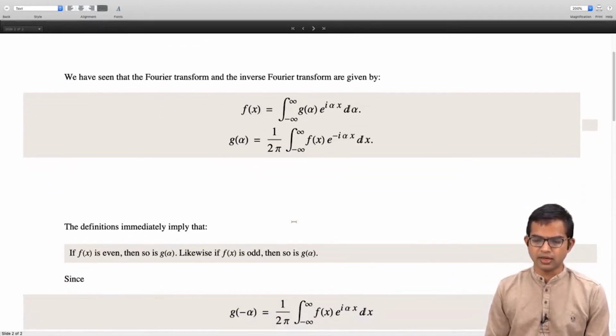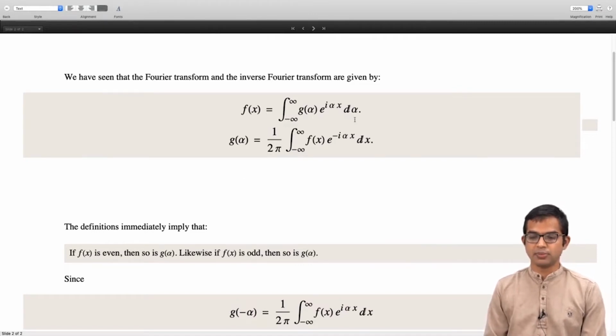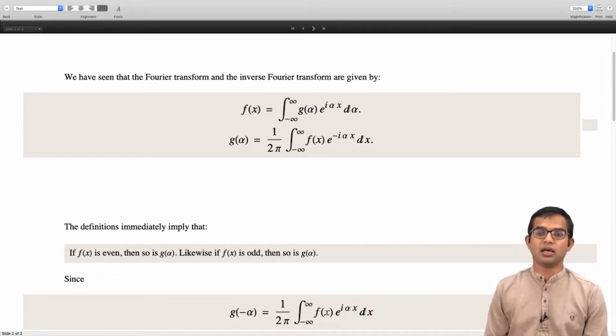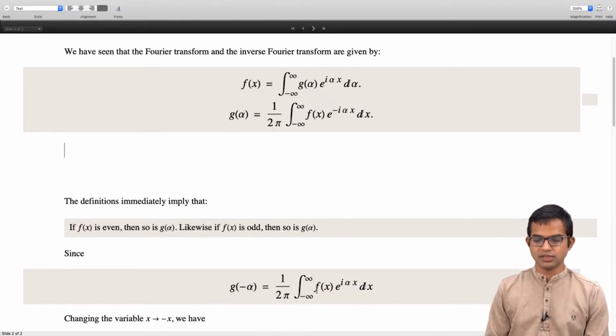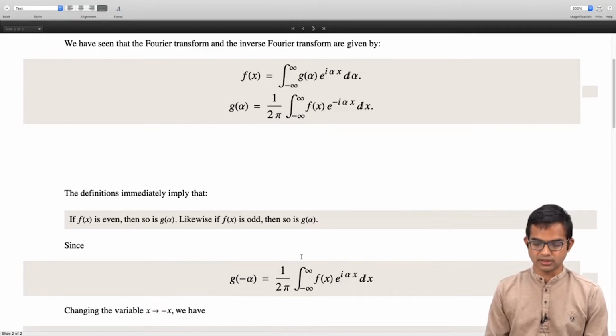We have the expression for g of alpha, so we are able to immediately write down an expression for g of minus alpha. You just replace alpha by minus alpha, and then you have 1 over 2 pi integral from minus infinity to plus infinity of f of x e to the i alpha x dx, right? Now if you change the variable x to minus x, you can use some other dummy variable, it doesn't matter, but it's convenient to rewrite it in terms of x in the end.